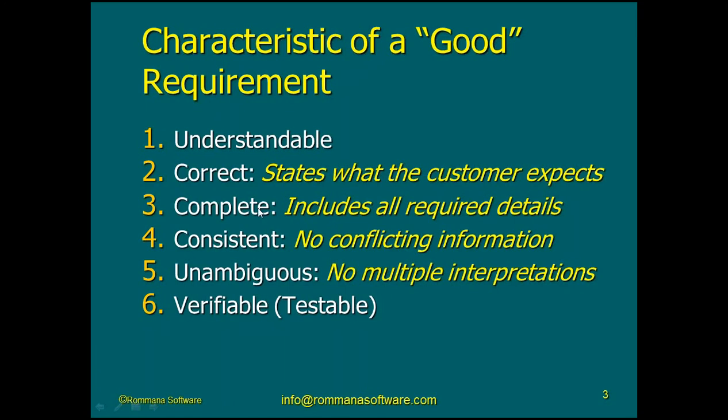And when different people read an incomplete requirement and make assumptions about the missing details, immediately the requirement becomes ambiguous. Of course, if the requirement is not understandable, meaning that you can understand it but I cannot understand it, the requirement becomes ambiguous again. So ambiguity really is a major problem with requirements.